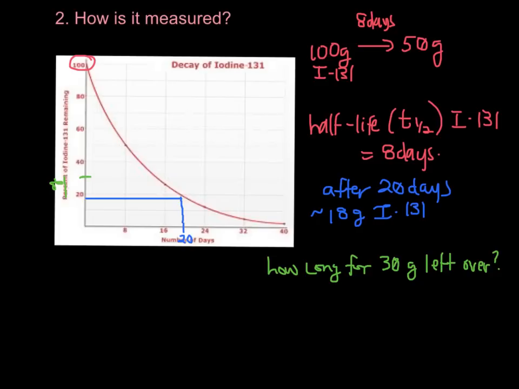I can find where 30 grams would be on the graph, and I can follow it over and then down and get an approximate amount of time. So probably like 14-ish days. So if you're given a graph, it's pretty easy to read half-life off the graph. There's a little estimating, of course, but there you go.